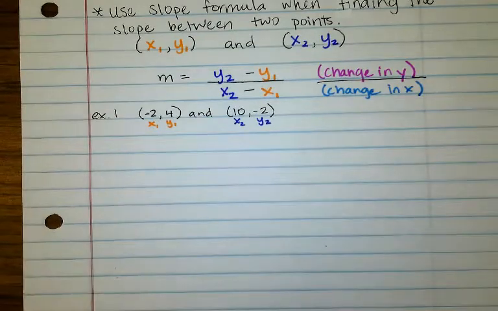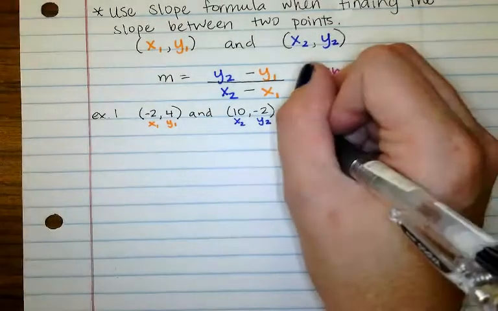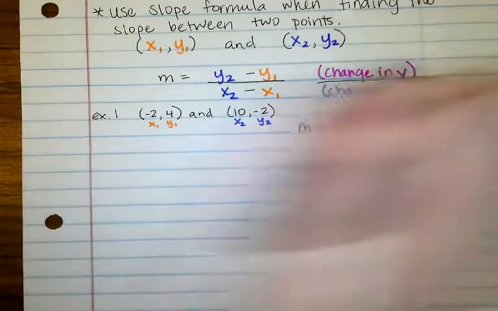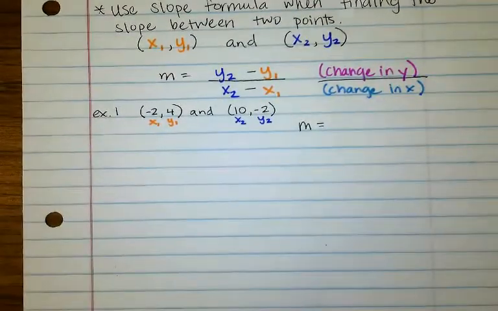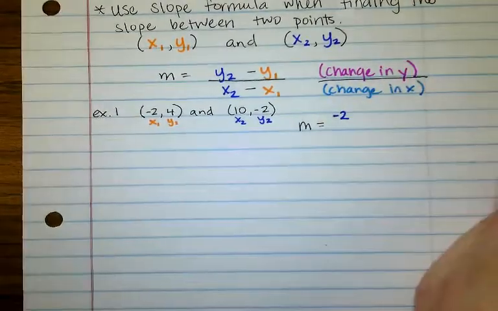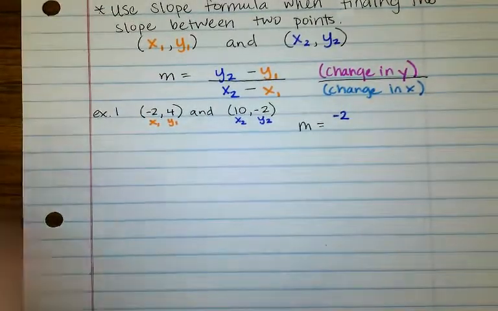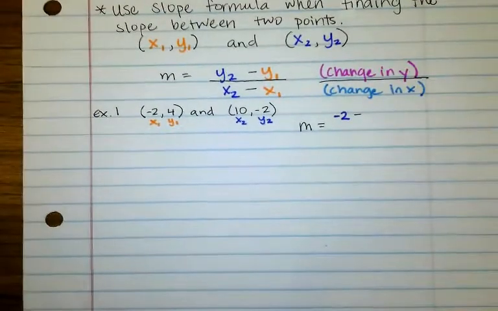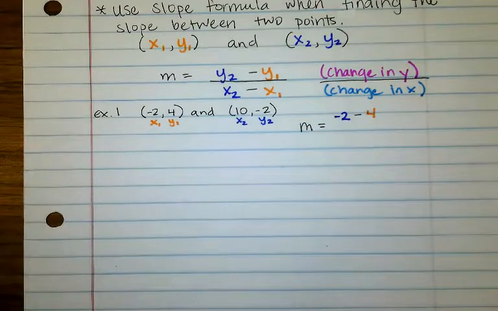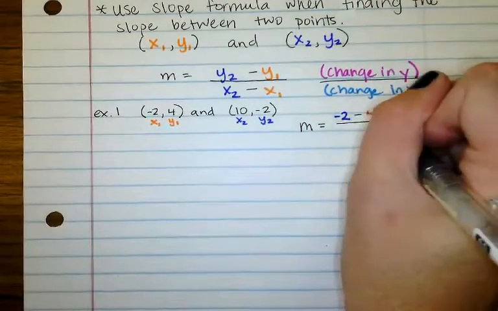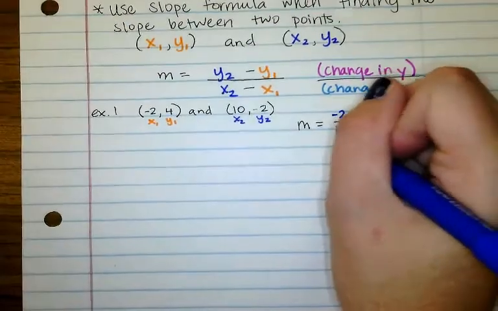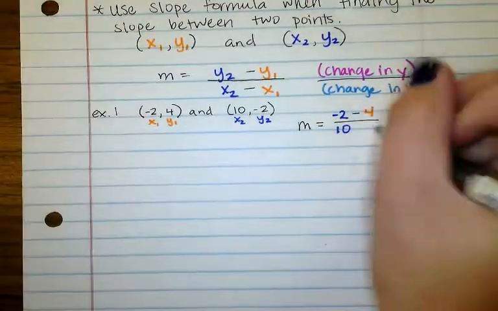My m is equal to y sub 2, which is -2, minus y sub 1, which is 4, over x sub 2, which is my 10, minus x sub 1, which is -2.